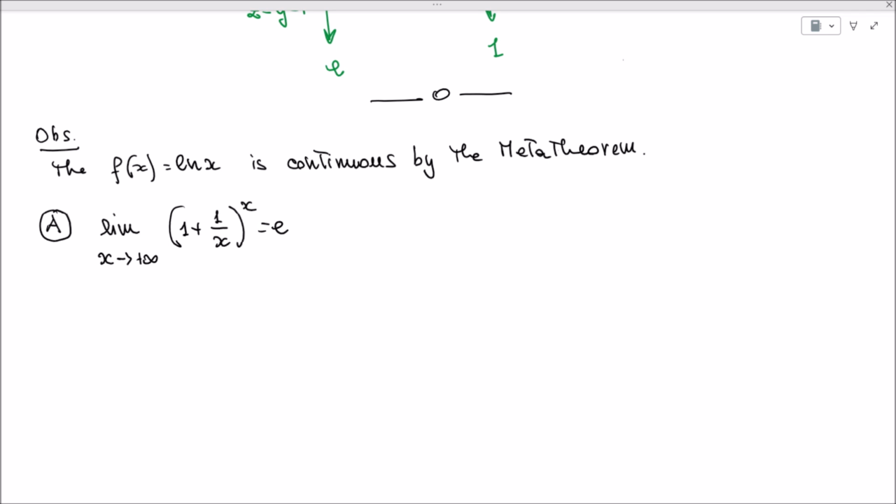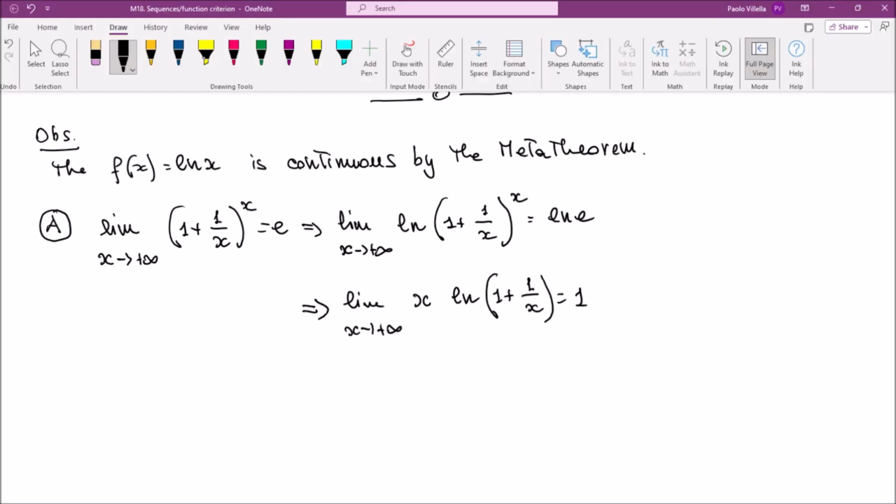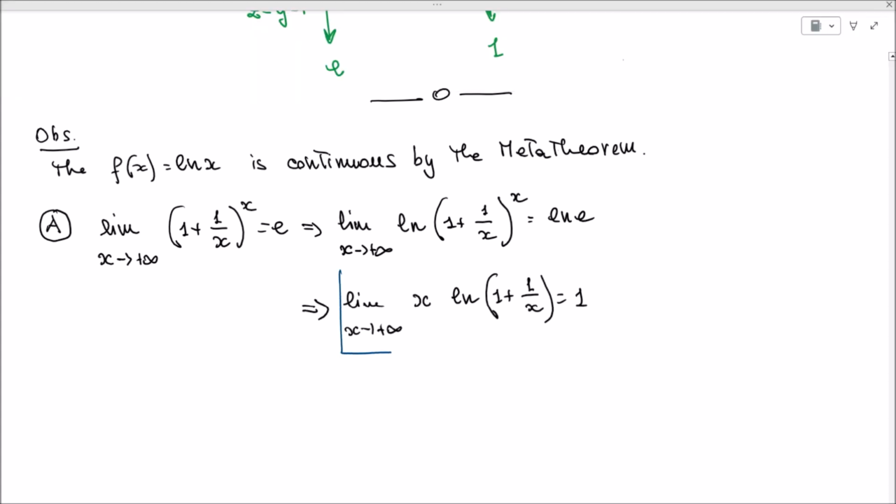Well, if we now apply the logarithm on both sides, we have that the limit as x goes to plus infinity of the logarithm of 1 plus 1 over x, all raised to the x, is equal to the logarithm of e, which is just like saying that limit as x goes to plus infinity of x times the logarithm of 1 plus 1 over x is equal to 1. So this is a first important result.